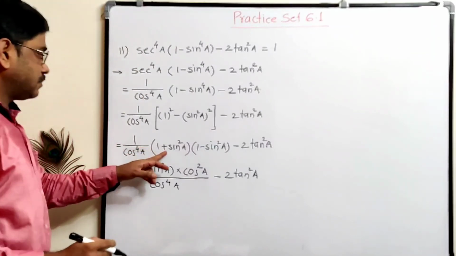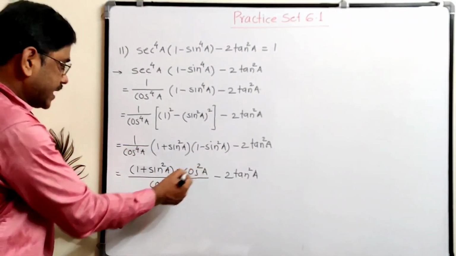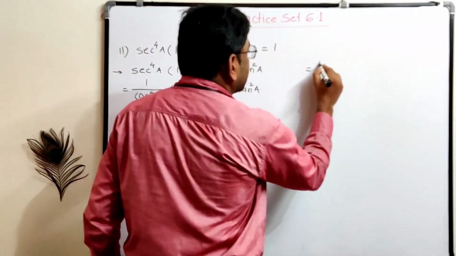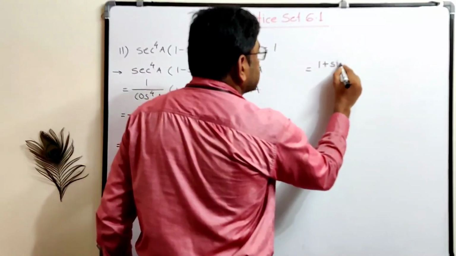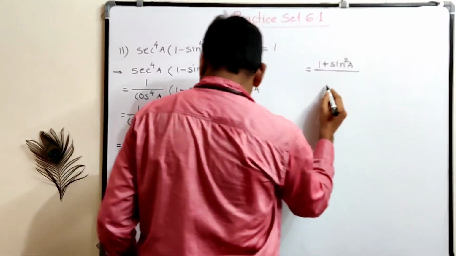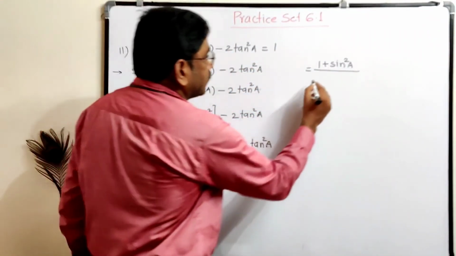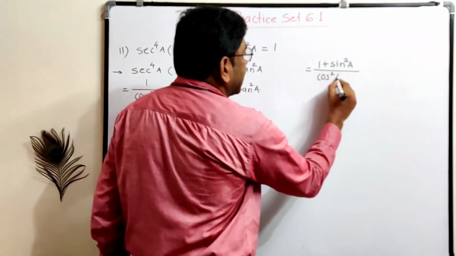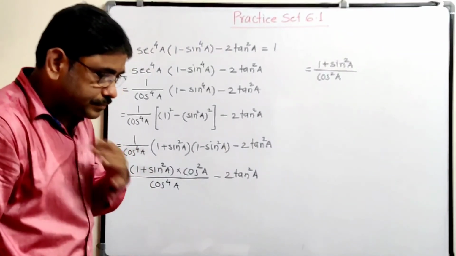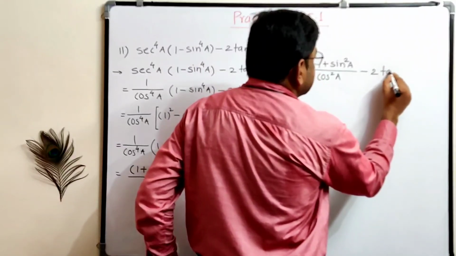यहां तक समझ में आया, 1 plus sin square a, ये 1 minus sin square means cos square a, तो ये cos square और यहां का एक cos square कैंसिल हो जाएगा, so we get 1 plus sin square a डिवाइडेड बाय, यहां पे cos raised to 4 है तो क्या रहेगा बाकी, cos square a, and minus 2 tan square a as it is.